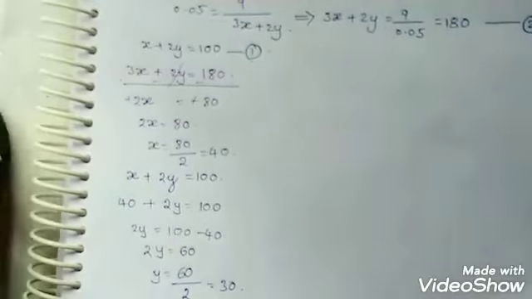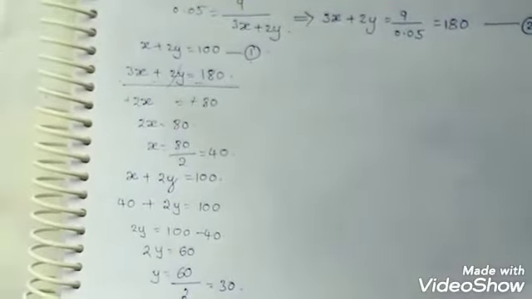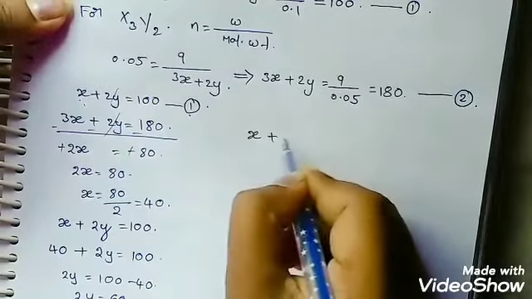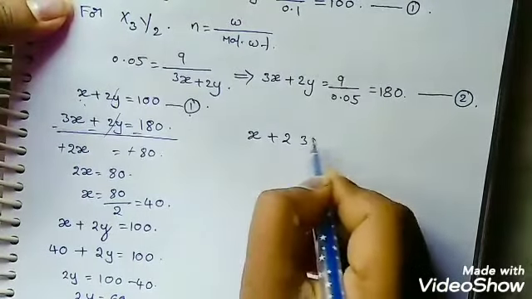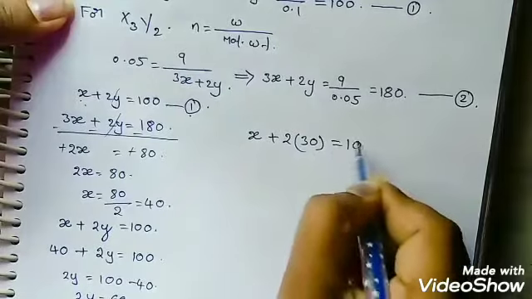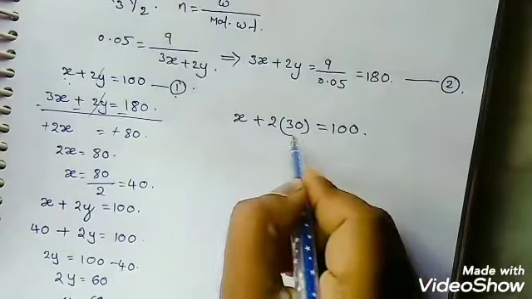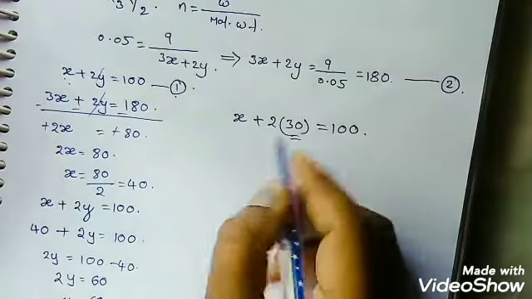Let us see the next step, students. Let us see the y value, 30. Then you can substitute in the first equation: x plus 2 into 30 is equal to 100. You substitute the y value in the place of y.